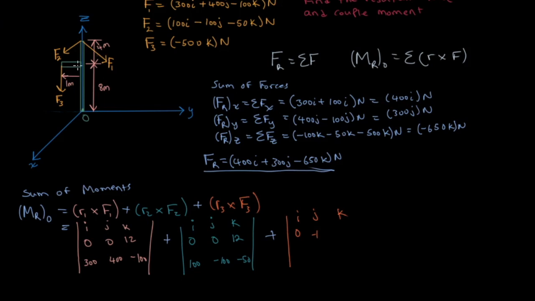And then it goes up 8 meters on the z-axis, so it's going to be 8k. And then F3 has no i term, it has no j term, it's just negative 500k. There we go. So now we can go on and calculate the cross product.